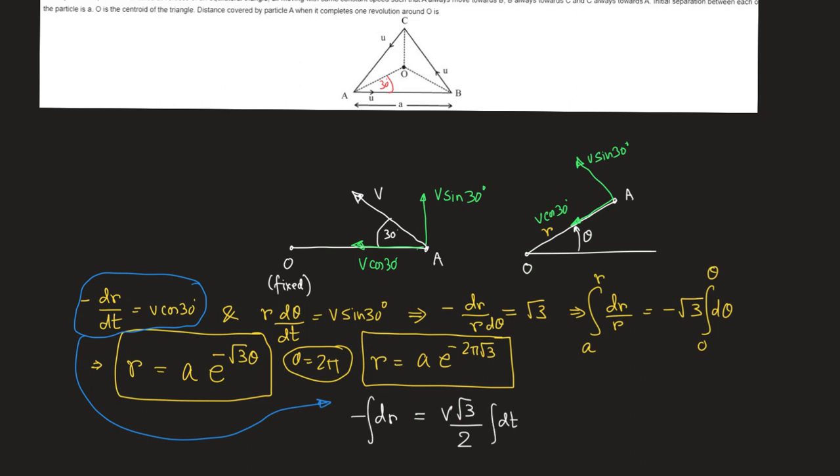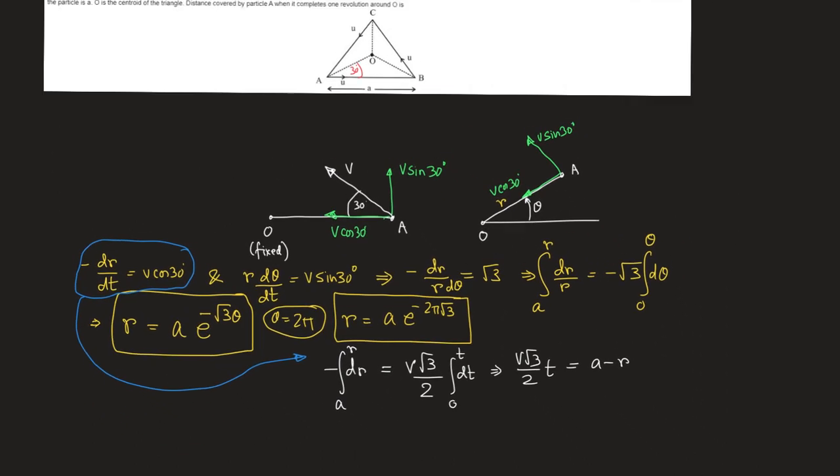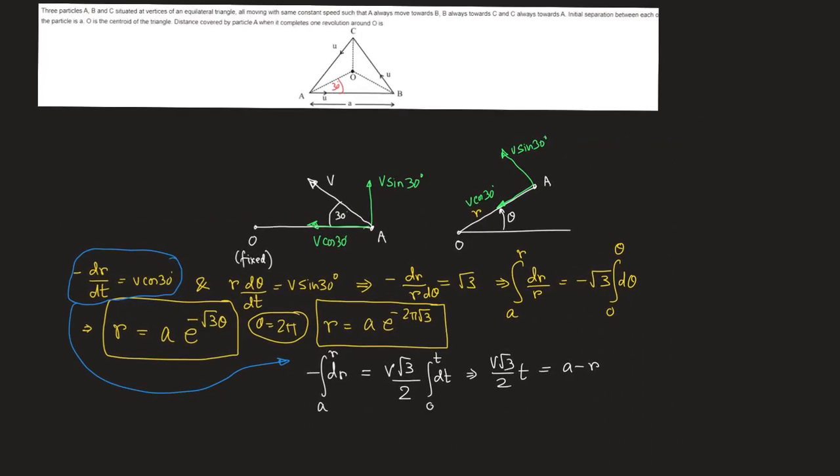So now just put it like this, 0 to t time, and this happens from A to R. So that means V root 3 by 2 times t is equal to A minus R. So that means t, the time taken, is equal to 2 by V root 3 times A into 1 minus e to the power minus 2 pi root 3.